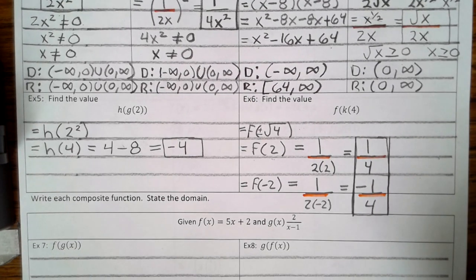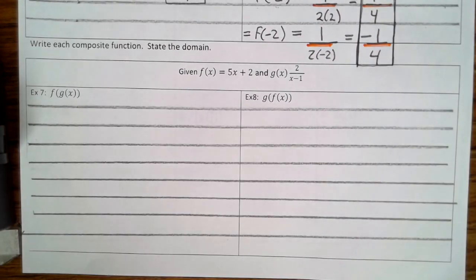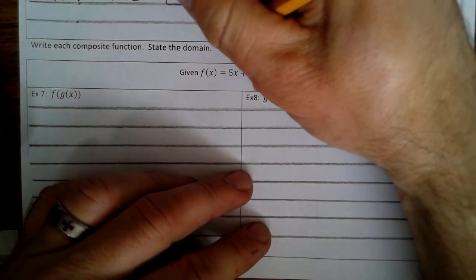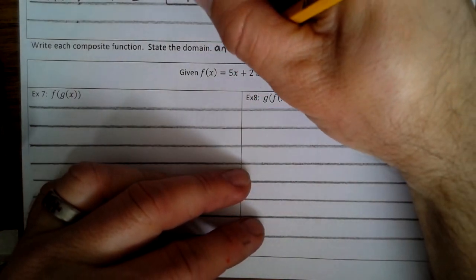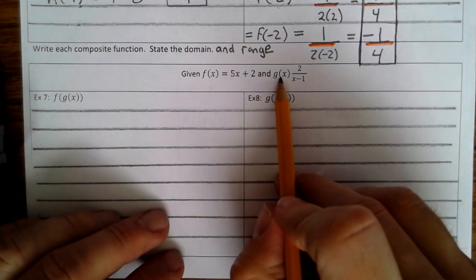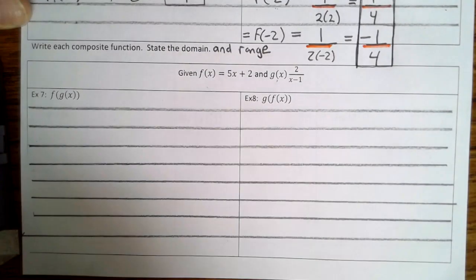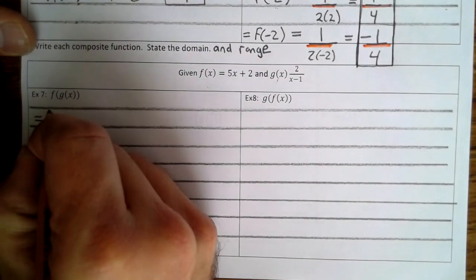Write each composition function, state the domain and range. Now remember, the f of x and g of x have changed from the previous problems, okay? So now we're going to do f of g of x. So that's f of g of x, which is, this is where we need the big parentheses, 2 divided by x minus 1.